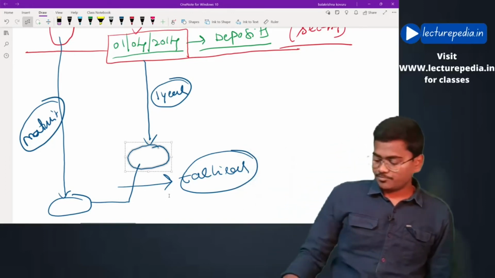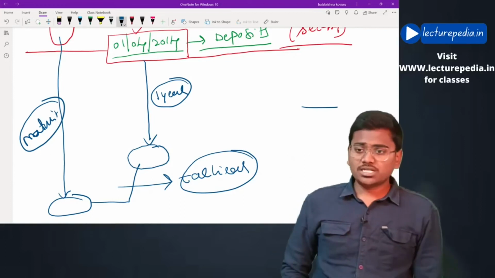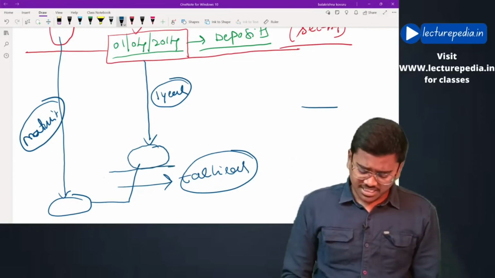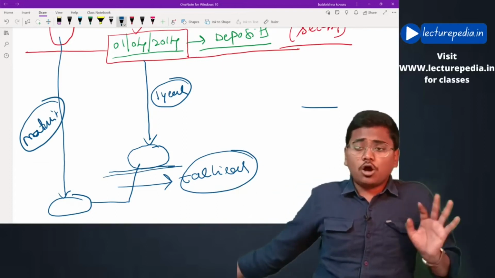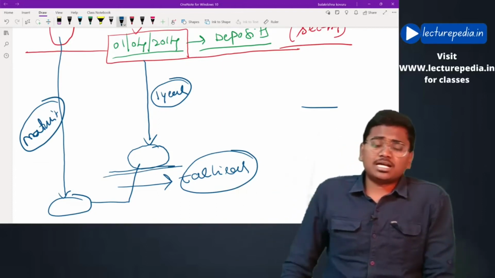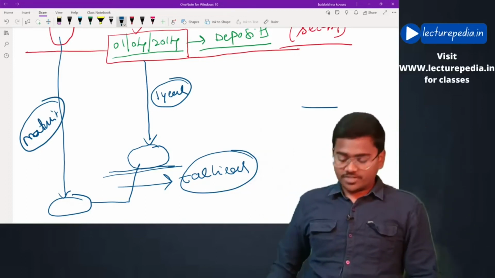Hope this is clear. Now by this you can conclude that maximum by 1 year, that means by 1st April 2015, all the deposits that were accepted under the earlier Act must be repaid. This is the provision.